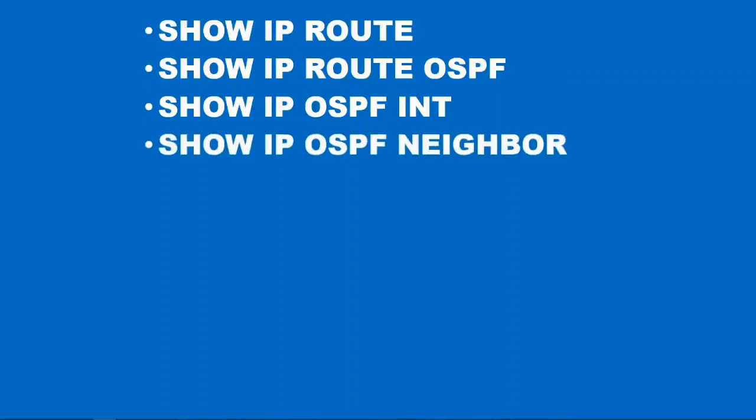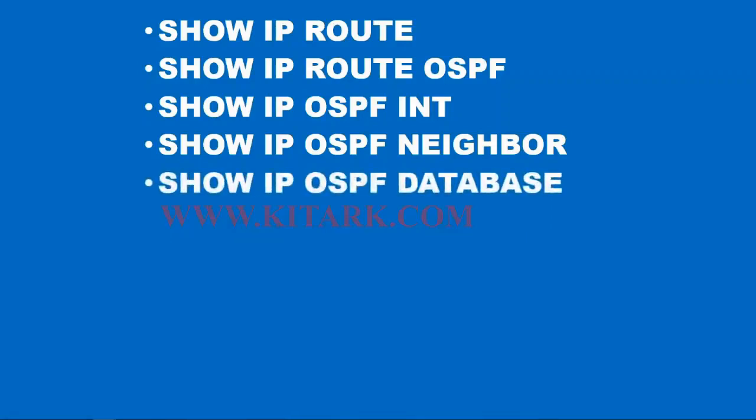And then you can check show ip ospf neighbor to figure out which OSPF routers have formed neighborship with this router. Okay, show ip ospf neighbor. And OSPF maintains a database table as well, so you can try show ip ospf database.